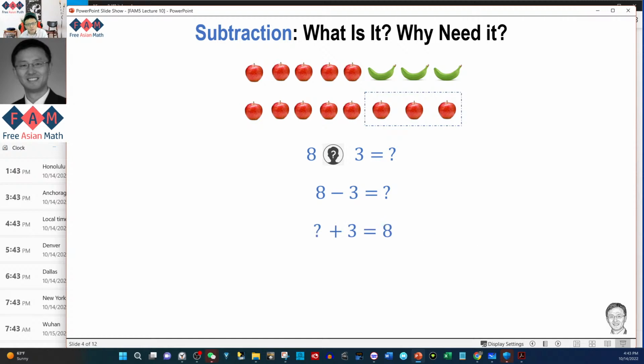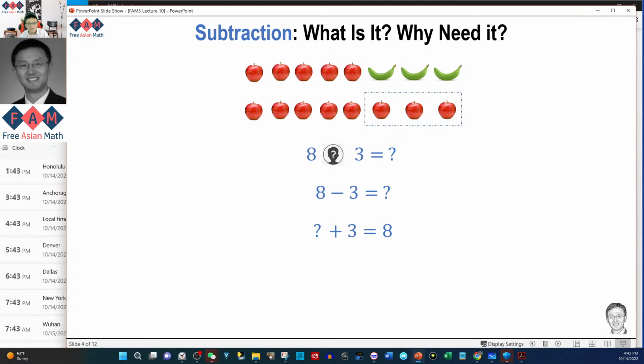We are trying to get a result, right? And we can represent that result with just a question mark. If that's what we have remaining, then we can reverse this process. We can put the 3 apples that were removed back to what is remaining, then restore the original addition, right? It's just the same thing.